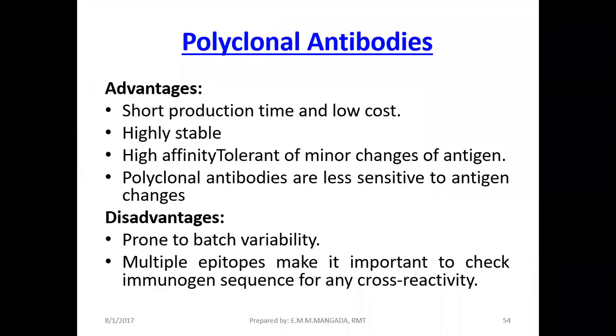So guys, now we have here the advantages and disadvantages of polyclonal and monoclonal antibodies. For the polyclonal antibodies advantages, we have short production time and low cost. Bakit? Kasi naalala nyo guys, dun sa monoclonal antibody production, meron tayo nung hybridoma production, something that is of high cost.